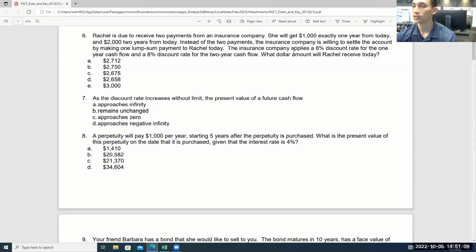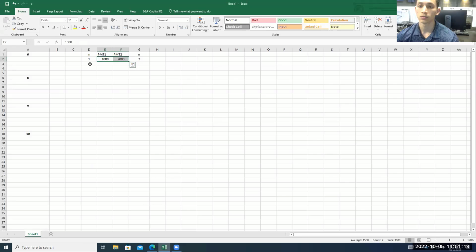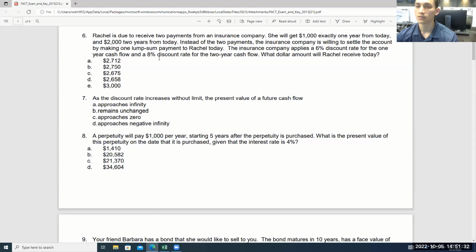It does give us our discount rates. It says that there's going to be a 6% discount rate for the 1 year cash flow. The 1 year cash flow is the $1,000. We'll go ahead and put that 6% related to the 1 year cash flow. I'll put it right here as the interest rate, 6%. And then for payment number 2, it's given as well.